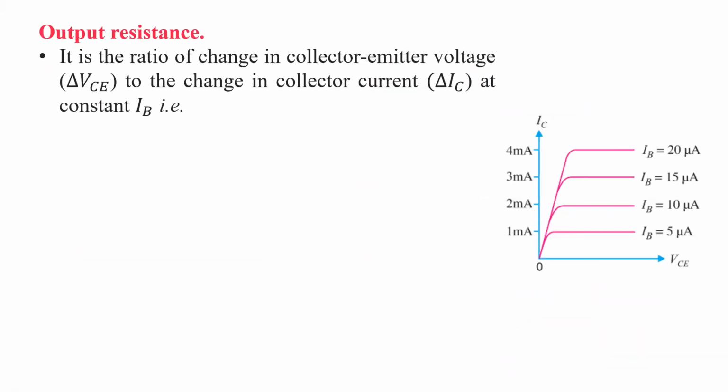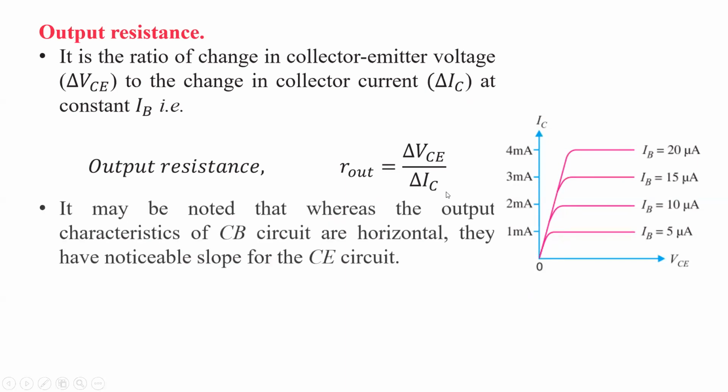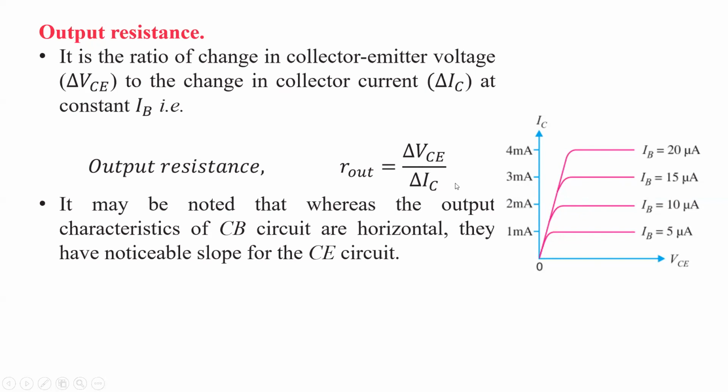Suppose you calculate the output resistance, that is the ratio of output voltage to output current at constant input current, which is delta VC divided by delta IC. We can observe here that a large change in VC causes a small change in IC.